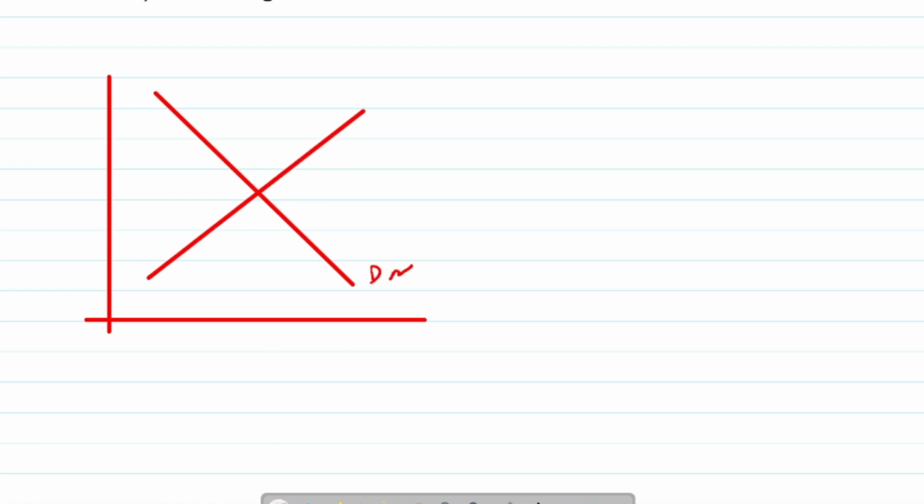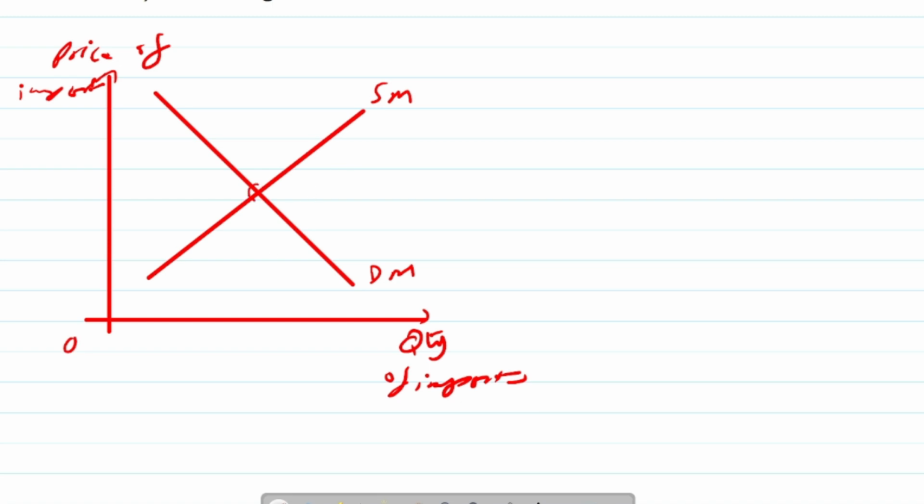On X we have quantity of imports, and on Y we have price of imports, and this is the origin point, and the intersection point is called equilibrium. So equilibrium price of imported goods is PM and quantity is QM.